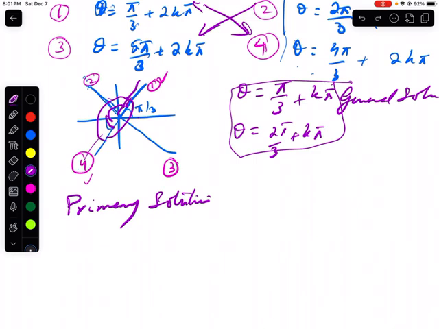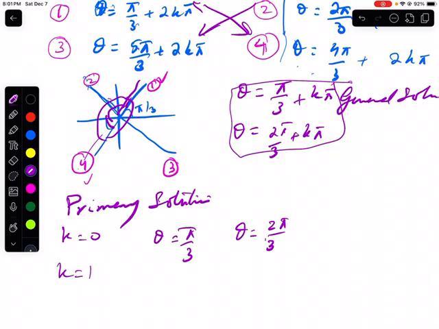So at k is equal to 0, theta is equal to pi over 3, or theta is equal to 2 pi over 3. When k is equal to 1, we get pi over 3 plus pi.